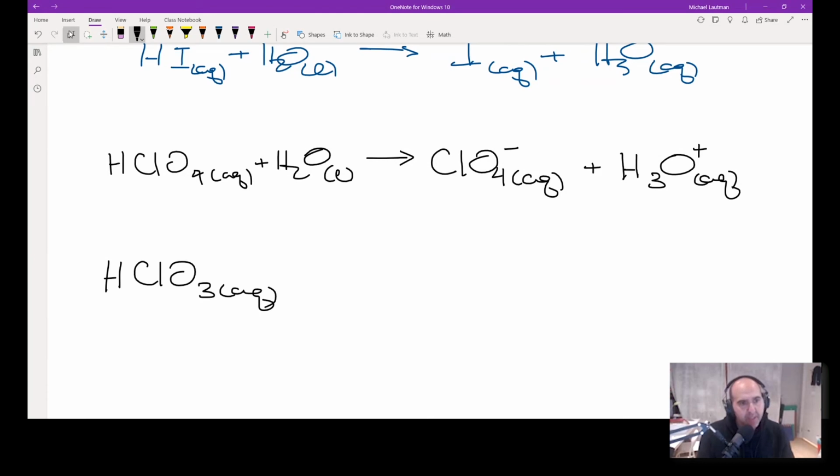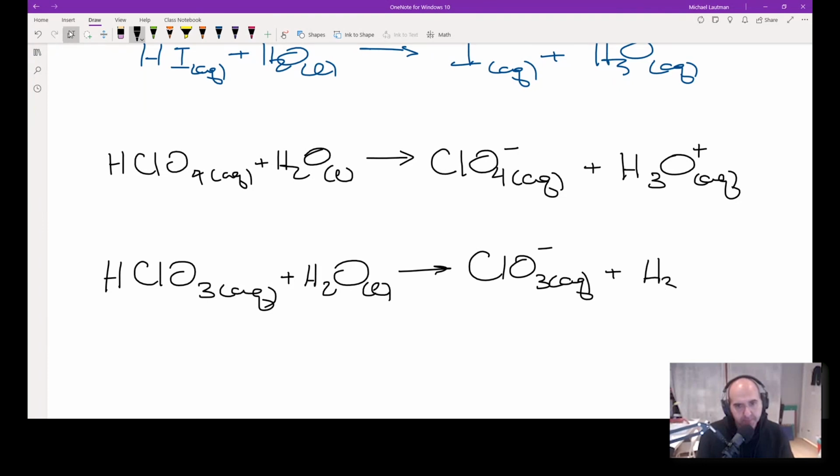As soon as the conjugate base has more than one atom in it, you need to look at its Lewis structure. In both cases here, the conjugate base is polyatomic.